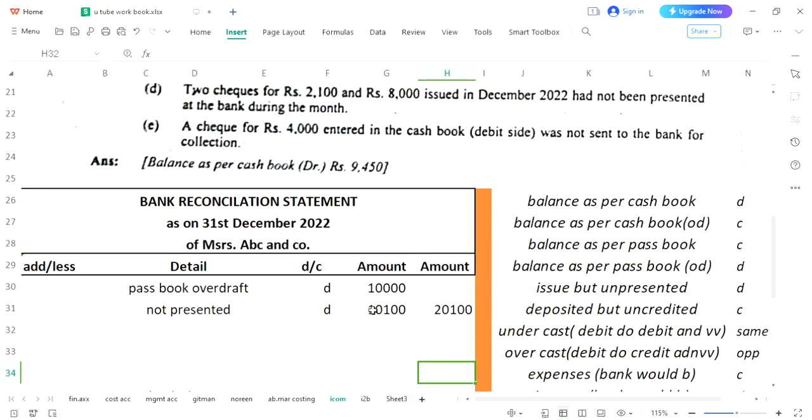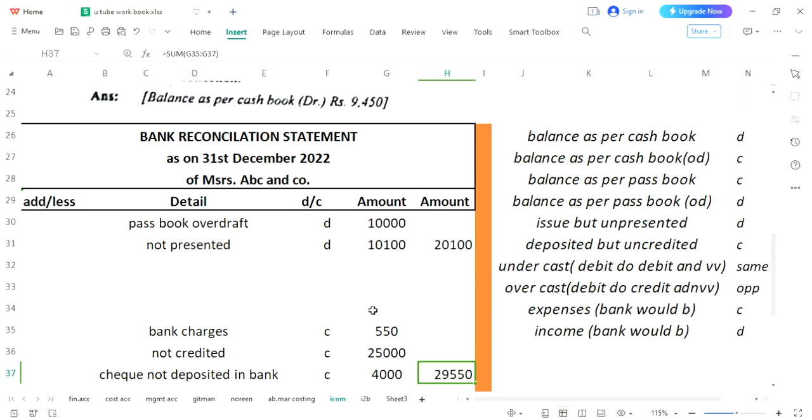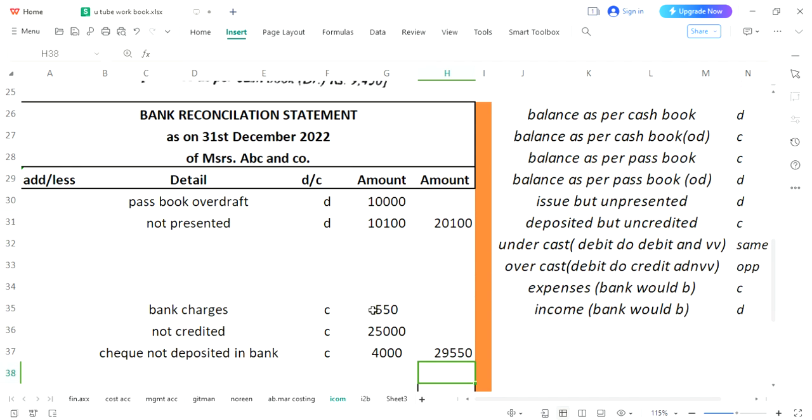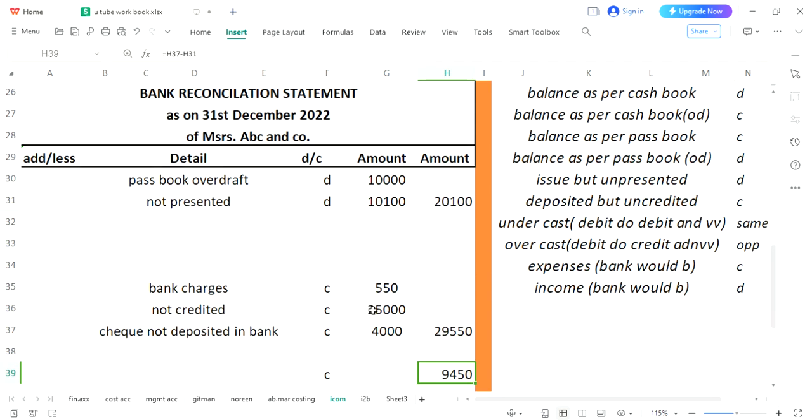So in this way our question has been completed, in a very short time. This step was about to be missed: first we will write add, and then we will put less. So in this way the question has been completed.